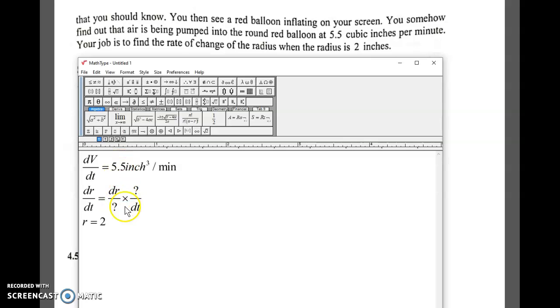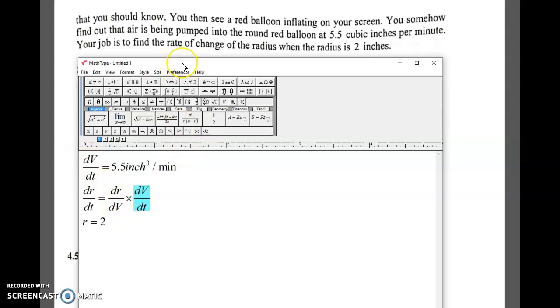So what is this something? What is the other variable here that we can use, based on the given information? We have here dr and dt. The other is dV, the volume. So let's put that, dV and dV. As you can see, we have the information of dV over dt, but we don't have dr over dV.